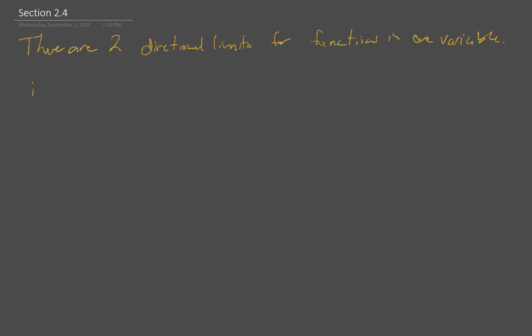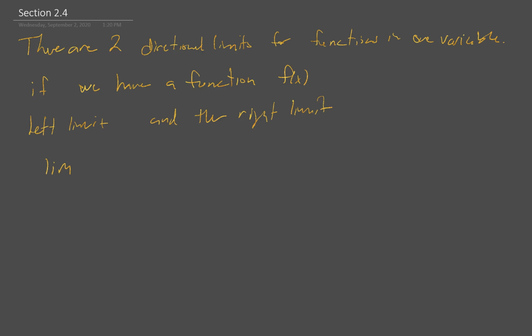Okay, so if we have a function f of x, we have two directional limits. We have the left limit and the right limit. We'll write these as the limit as x approaches some value c, with a superscript minus on it.